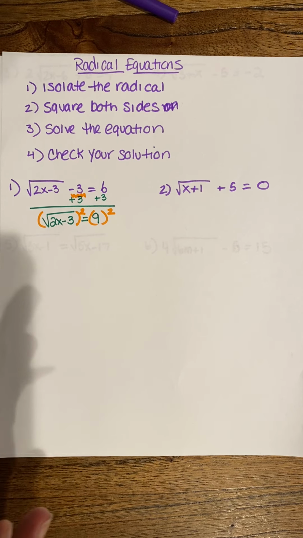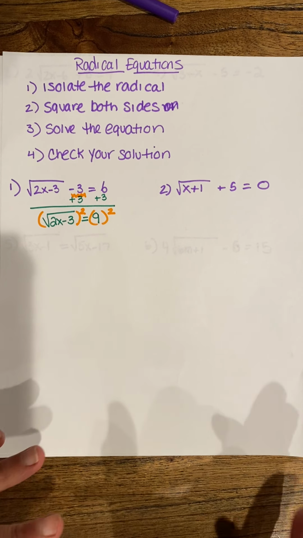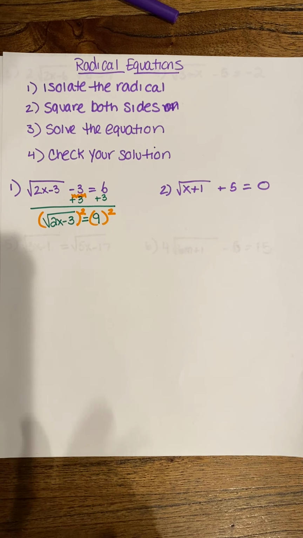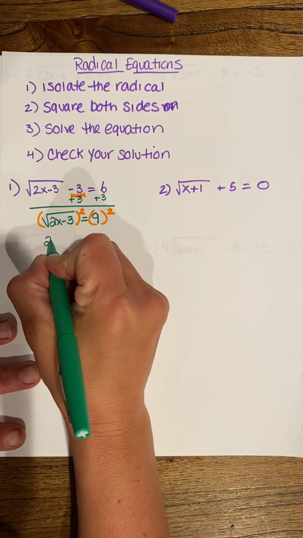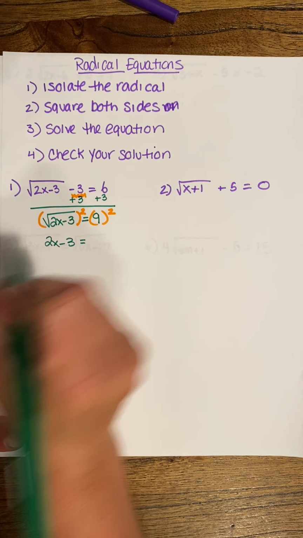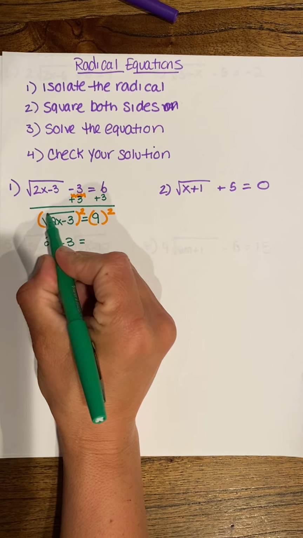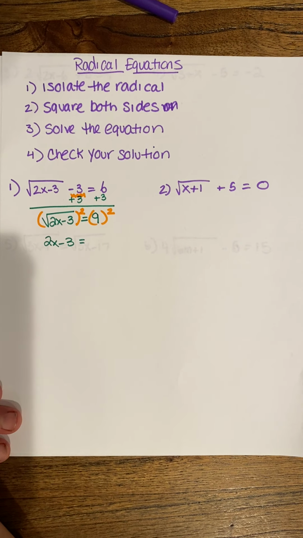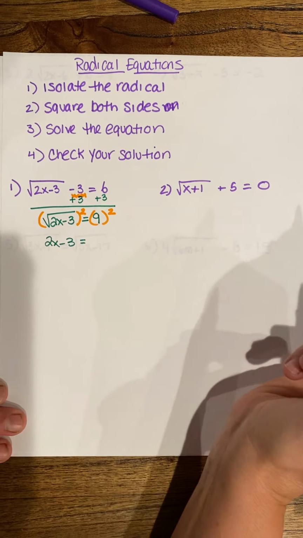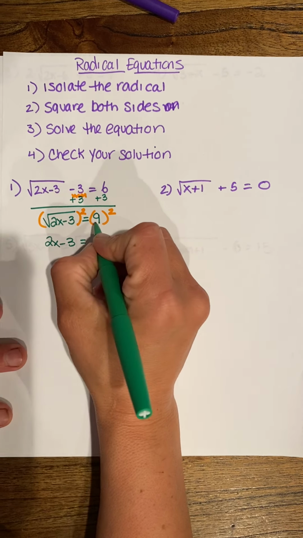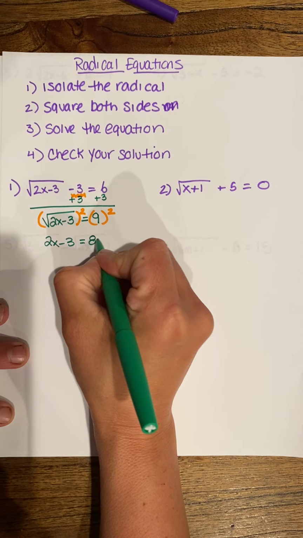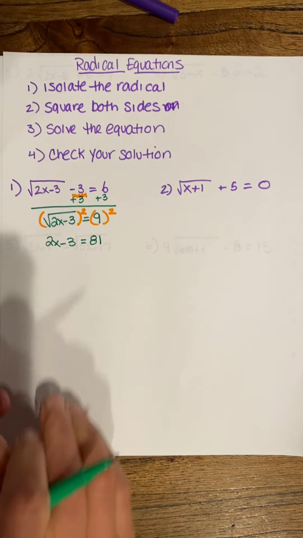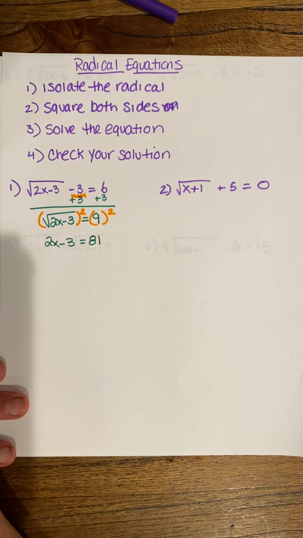You didn't do anything at all. So if I square something and square root it, all the operations cancel out and I just get what's underneath the radical. And then 9 squared I have to do because 9 isn't in a radical, square it and I get 81, okay? So that's step 2, square both sides.